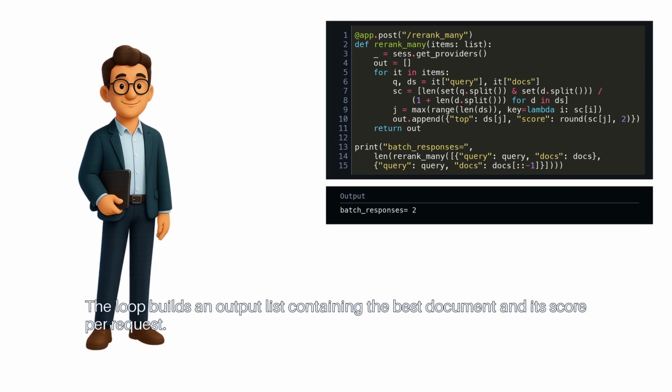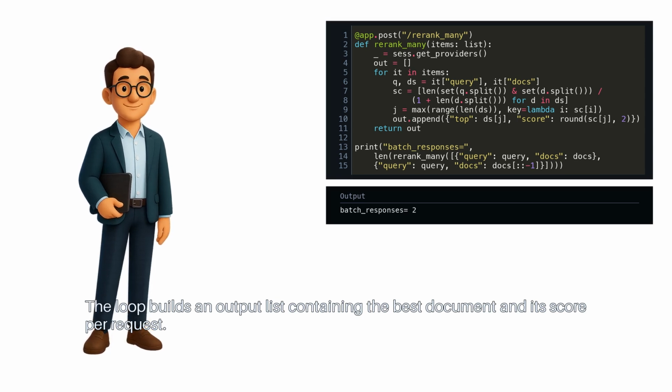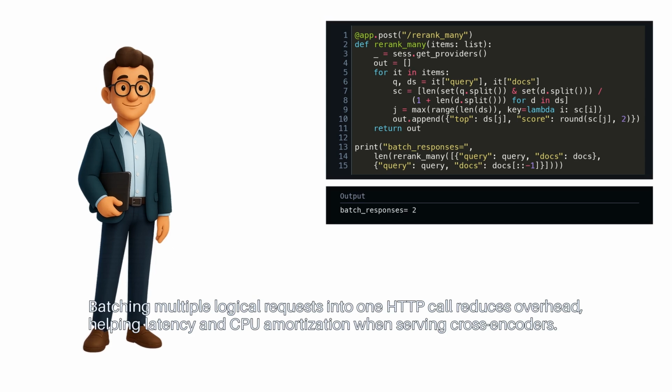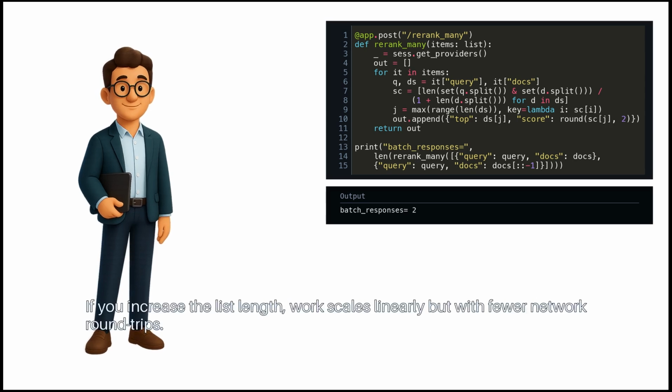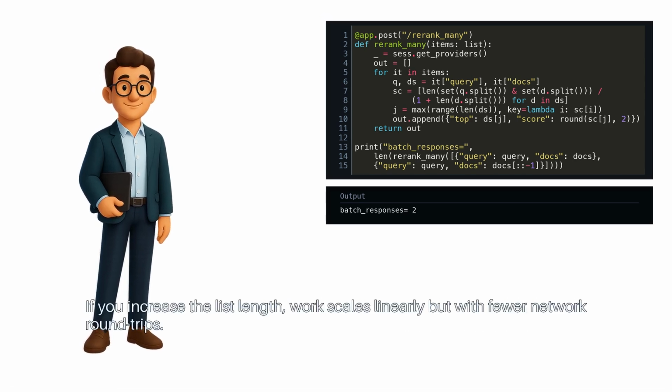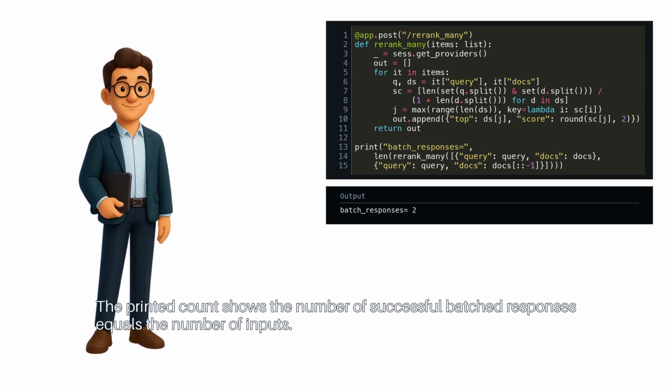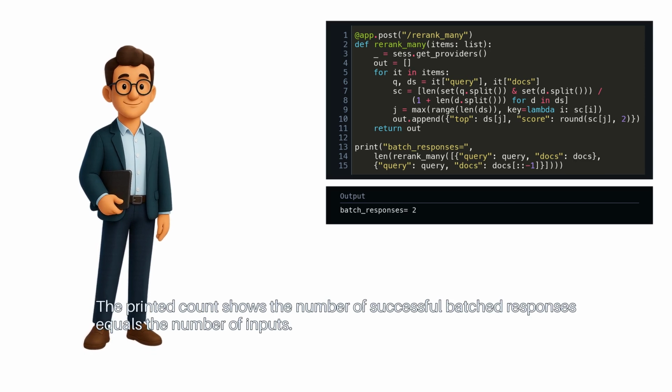The loop builds an output list containing the best document and its score per request. Batching multiple logical requests into one HTTP call reduces overhead, helping latency and CPU amortization when serving cross-encoders. If you increase the list length, work scales linearly, but with fewer network round trips. The printed count shows the number of successful batched responses equals the number of inputs.